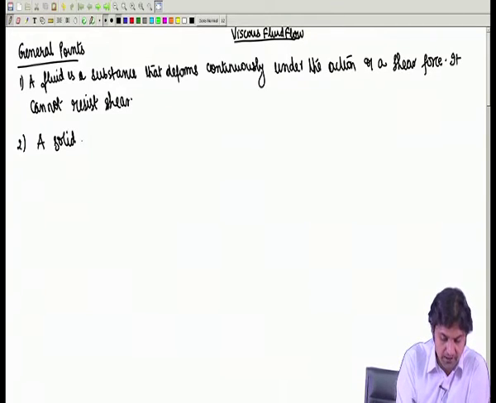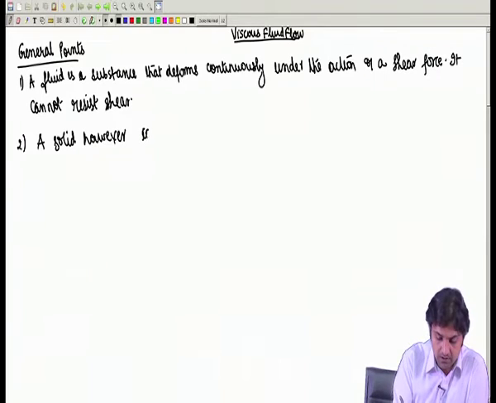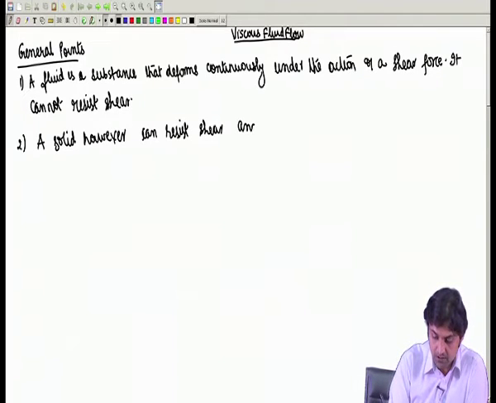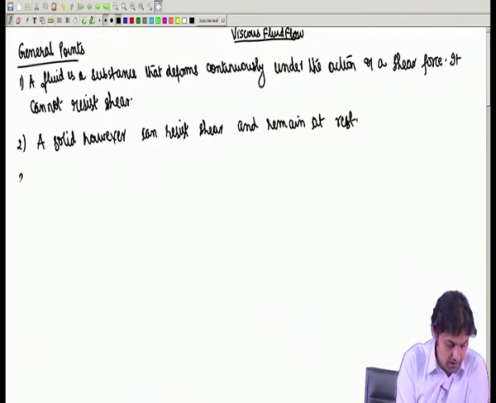A solid, however, can resist shear and remain at rest.